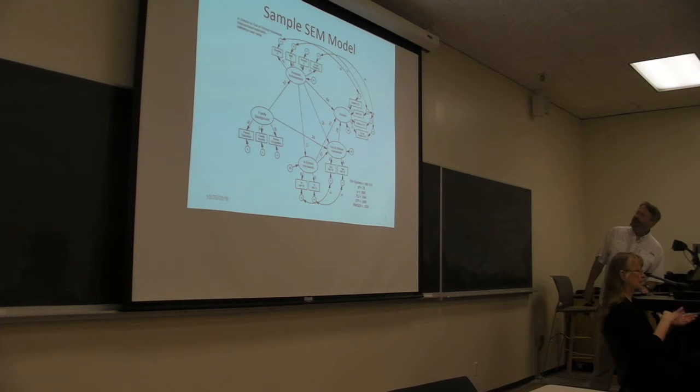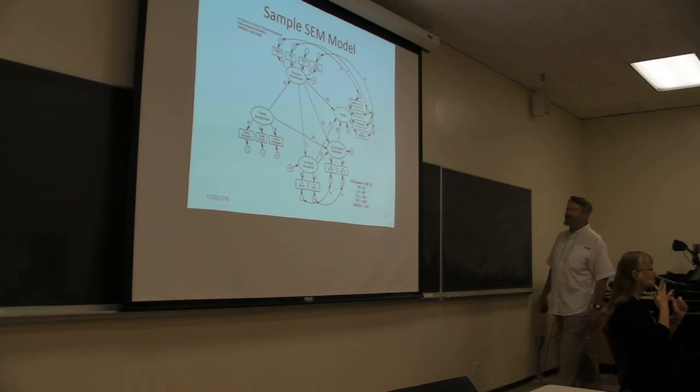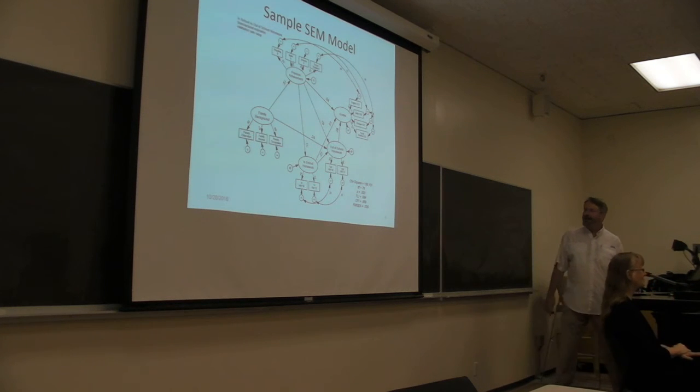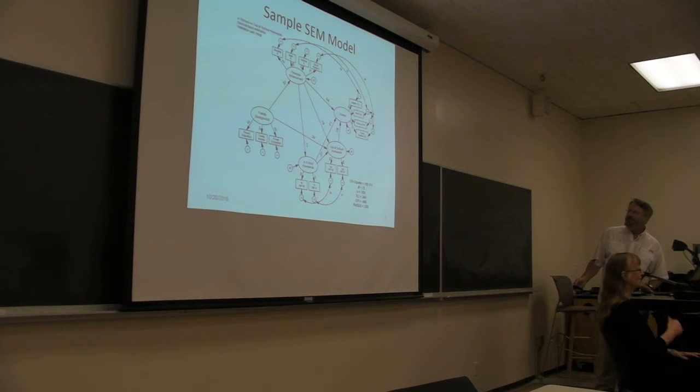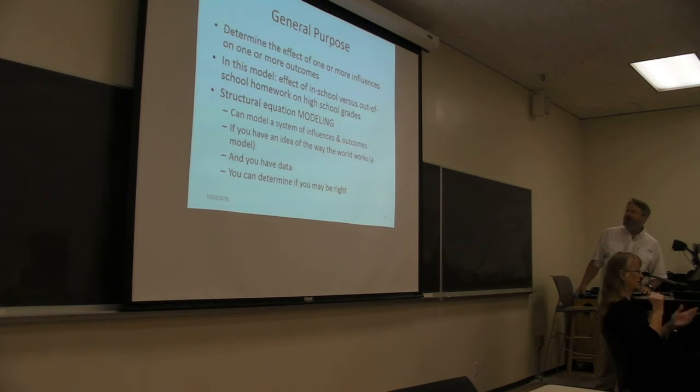So this is a sample structural equation model, and it looks pretty complicated, or pretty fantastic, however you respond to it. But let me give you a way of thinking about what this is.